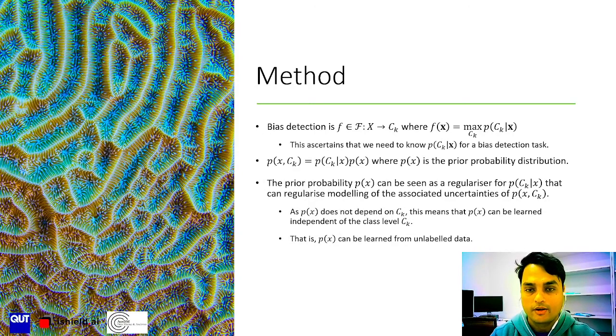Bias detection or identification can be defined as a function that maps a given instance X to the corresponding class label CK.